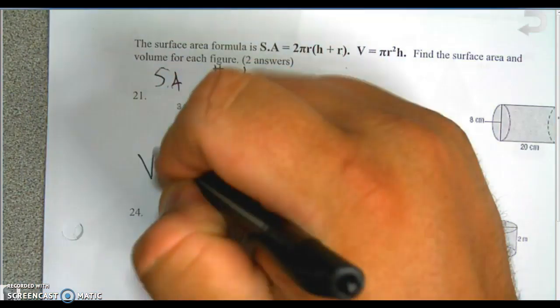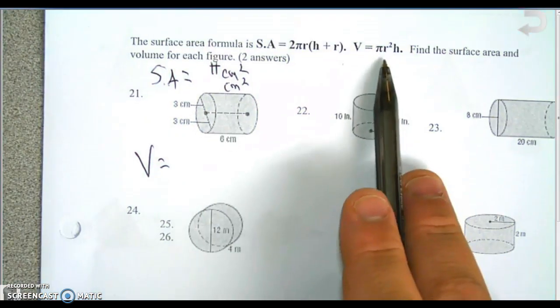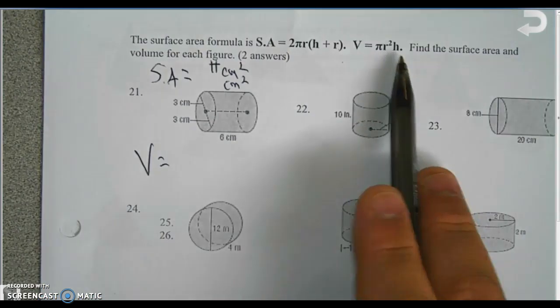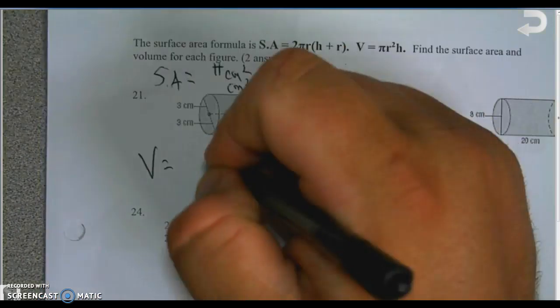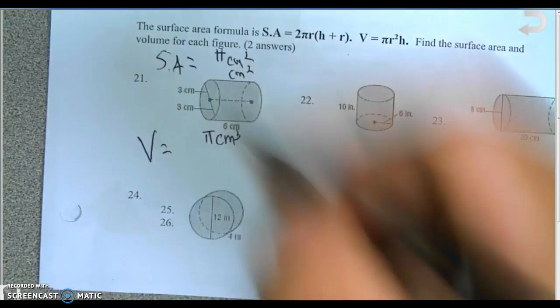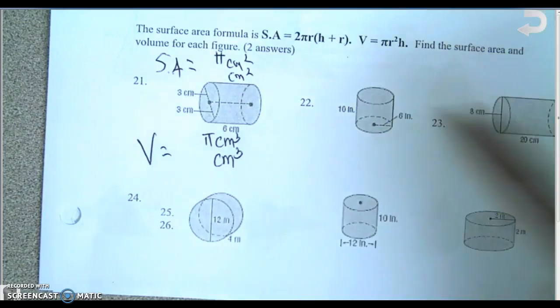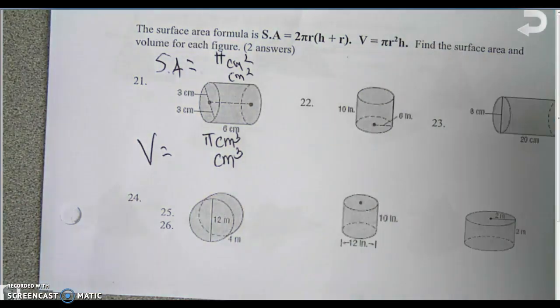For the volume, it's the same thing. I want you to plug in the radius and square it, the height, and you're going to come up with a number, pi centimeters cubed. Then multiply that by pi and give yourself the answer. So there will be 4 answers for 21, 22, 23, 24, 25, 26.